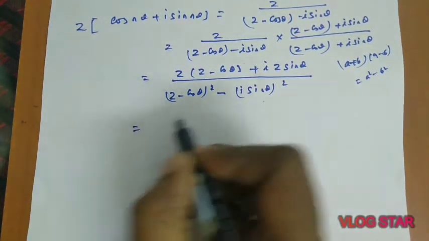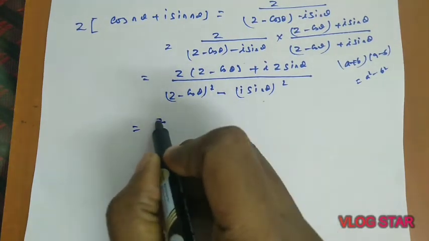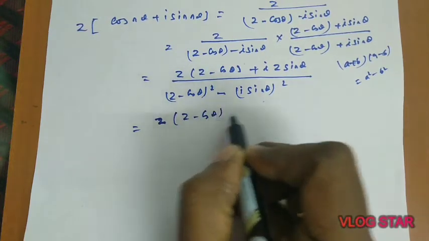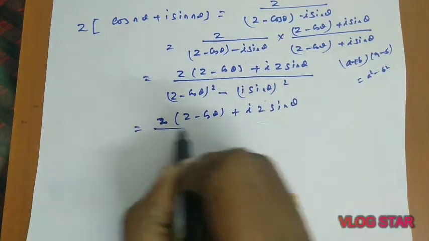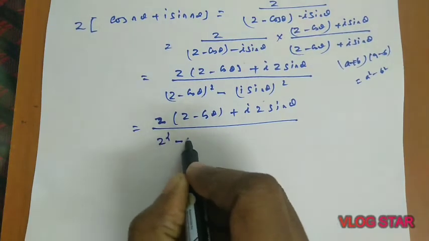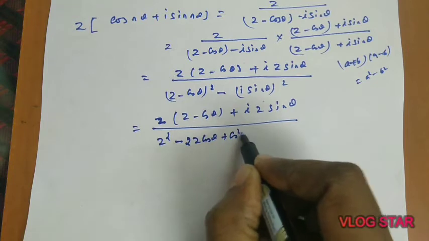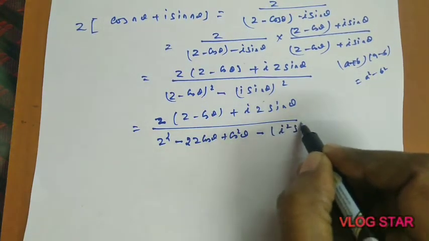Now we can multiply the numerator, z into z minus cos theta plus i z sin theta, divided by, you can expand this (a minus b) the whole square: a square minus 2ab plus b square, and here it is minus i square sin square theta.